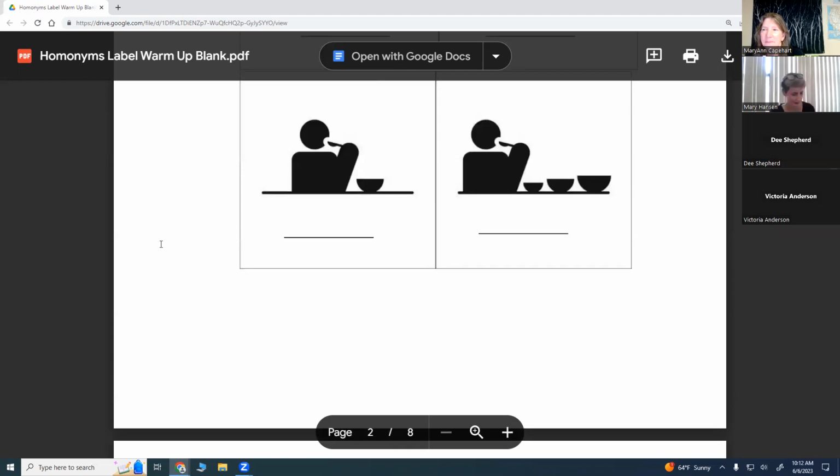You see little, medium, and big on the right, and then there's just one bowl and a spoon. So whatever they're eating, it takes a spoon on the left. What do we commonly eat with a spoon? Soup. And what else do we eat with a spoon?